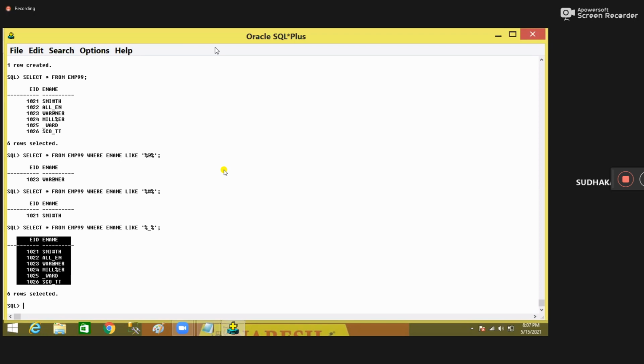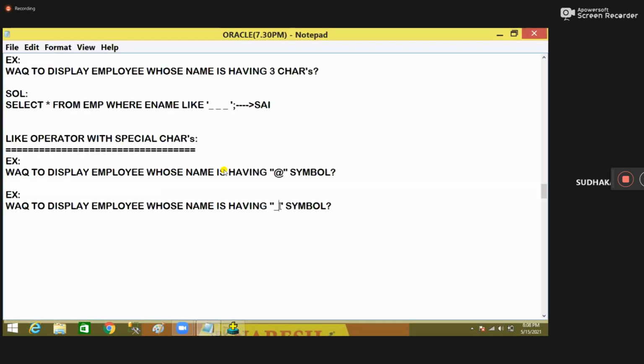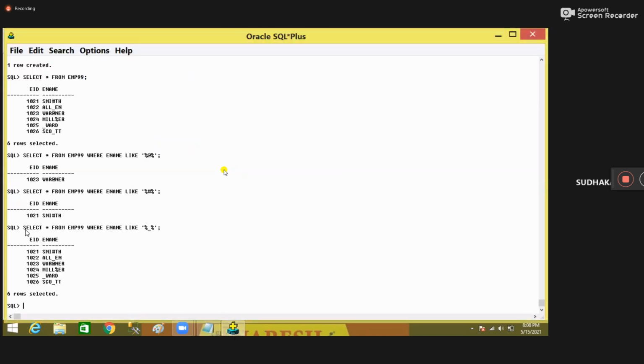Right? So now, how to overcome this problem and why is this happening? We will check in the same pattern. For example, I'm asking whose name is having percentile. So here also, everyone is expecting what? They're going to be writing like this.